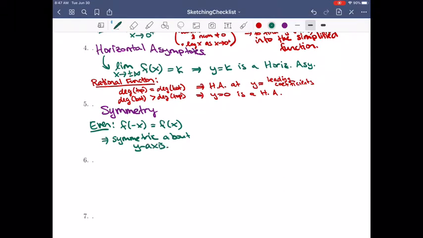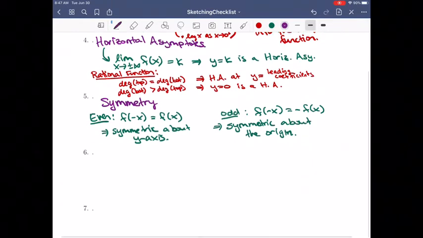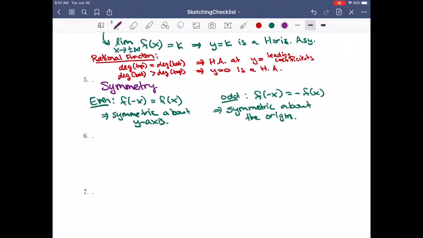Okay, and if it's odd, then you're going to have f of negative x equals negative f of x, and it's going to be symmetric about the origin. Okay. So if you're going to cut one, number 5 is the thing that you should cut.